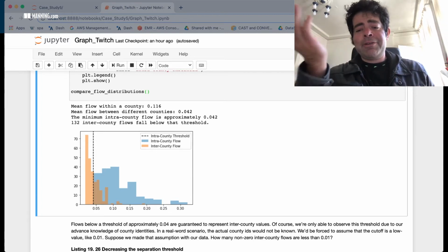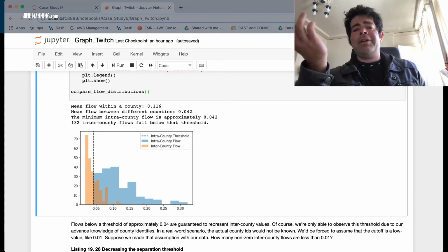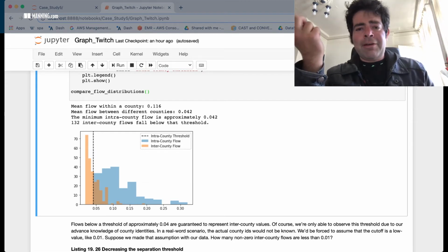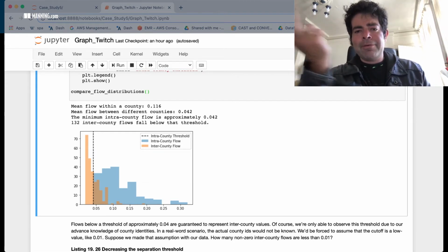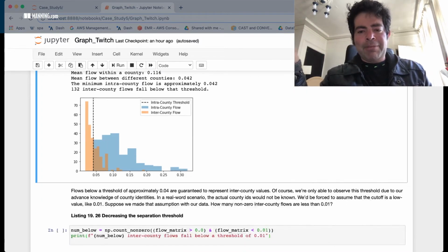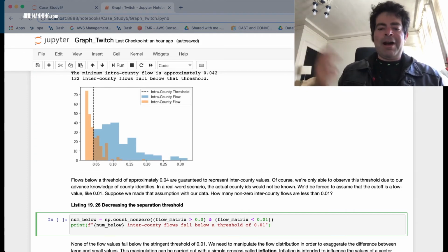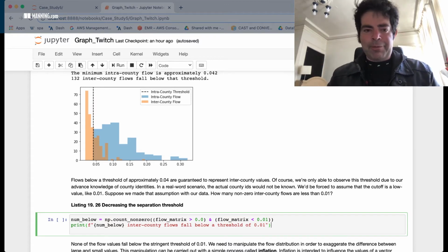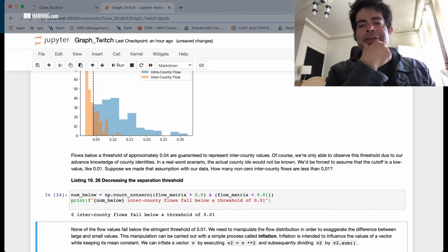So if we were looking at this graph blindly, we might pick a threshold of our own. We would pick a low value, let's say like 0.01. And that value would be inappropriate because the actual threshold is 0.042. Suppose we assigned our own value based on intuition and kept the threshold low, we would ask ourselves how many of the inter-county flows fall below a threshold of 0.01, and it would be 0.